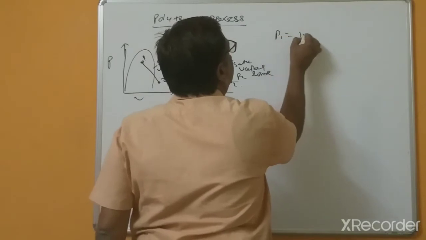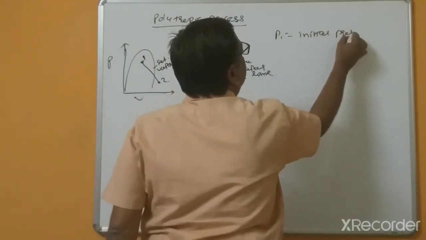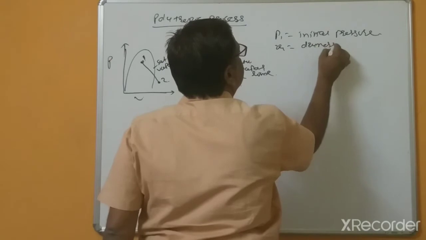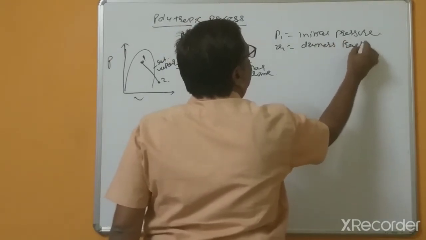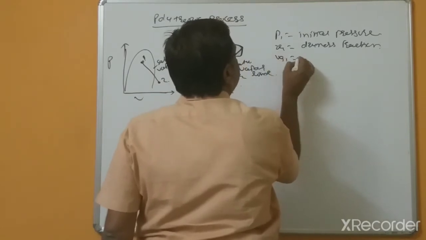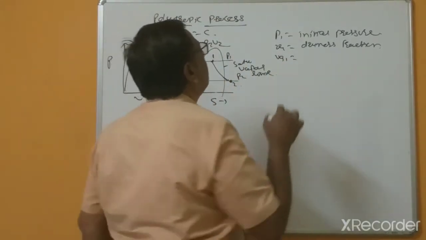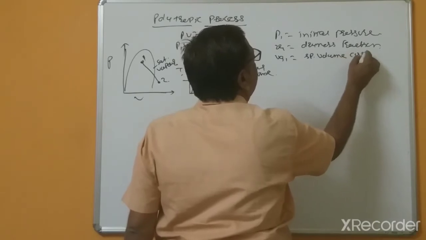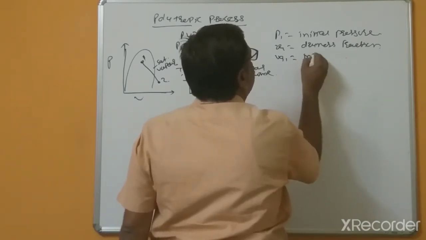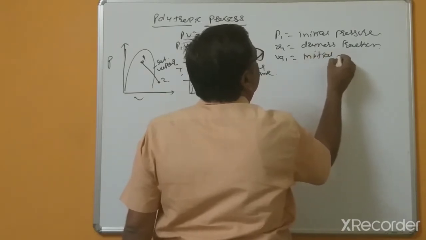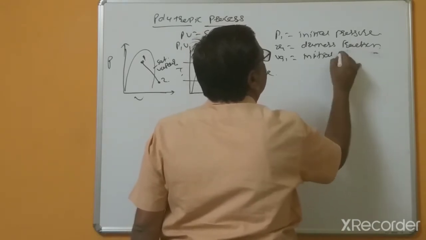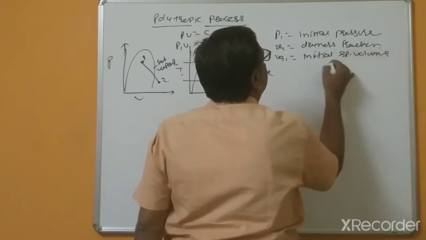So here P1 is the initial pressure and X1 is the dryness fraction, and Vg1 is the specific volume corresponding to the initial steam, or specific volume of steam.